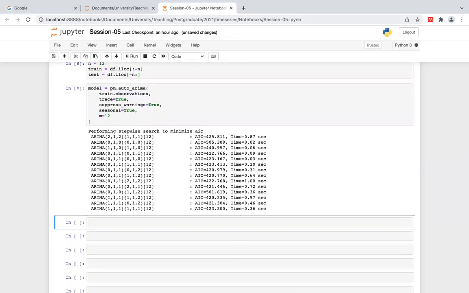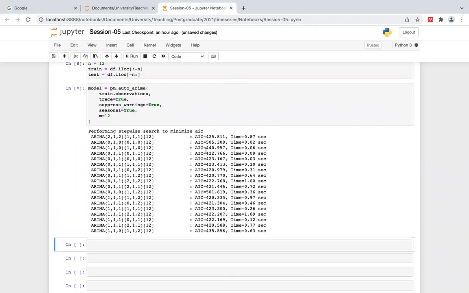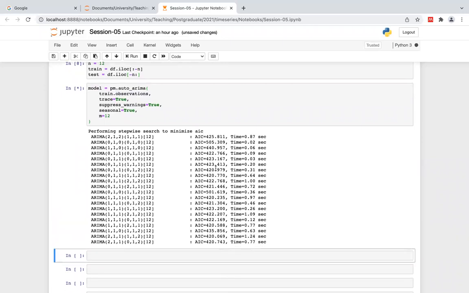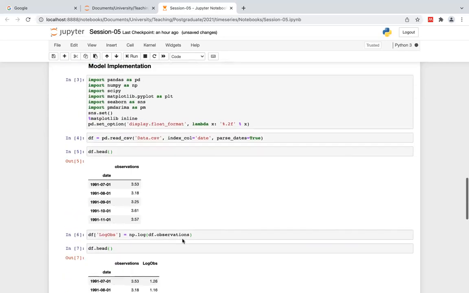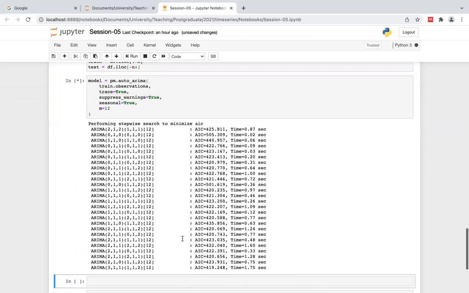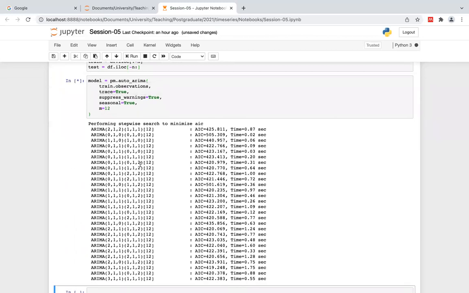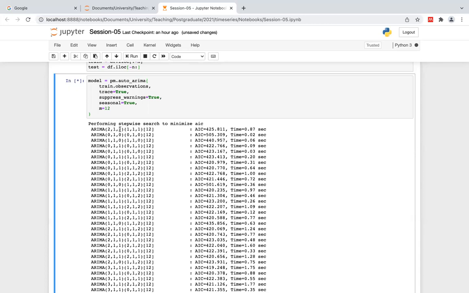See, you can see this AIC is displayed here. That's what I mentioned. This AIC is the criterion to identify the best fit model in auto ARIMA. And you can see in the ARIMA, there are these parameters, right? P, D, Q are all the non-seasonal parameters.